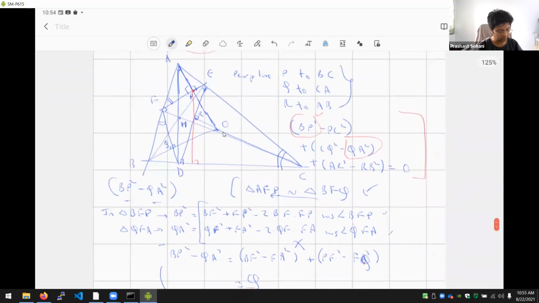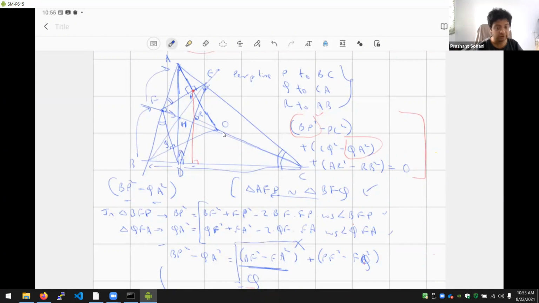Now in the diagram, do you see how, yeah, I don't know how to write it out. BF square minus FQ square, BF square minus FA square is referring to point F lying on line AB. And if I write the cyclic terms like AE square minus EC square and CD square minus DB square, their sum is going to be equal to 0 because these three perpendicular lines are already concurrent at the orthocenter.